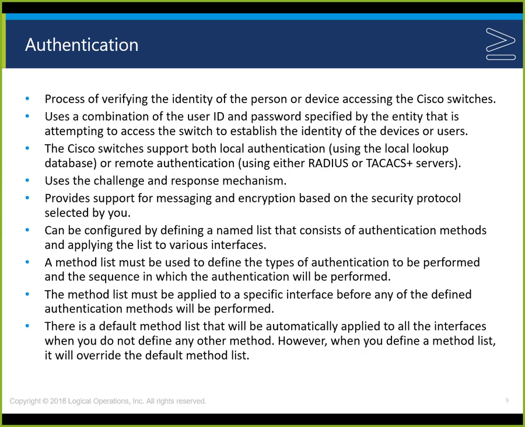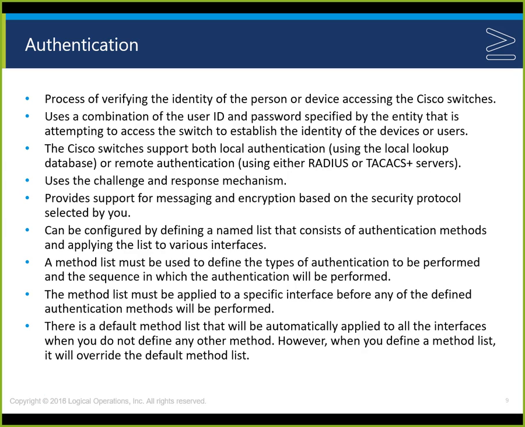A methods list must be used to define the types of authentication to perform and the sequence in which the authentication will be performed. And the sequence is the order that they're listed in. We would log in with Radius, then local, which would be the local database, and then maybe enable.